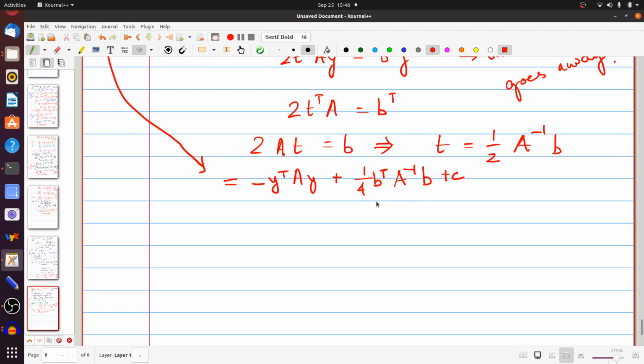By the way, when we did this with one variable, what we ended up with is b square by 4a plus c here. You can see that b transpose A inverse b by 4 is a direct generalization to multiple dimensions of the term b square by 4a, which we had for one variable.